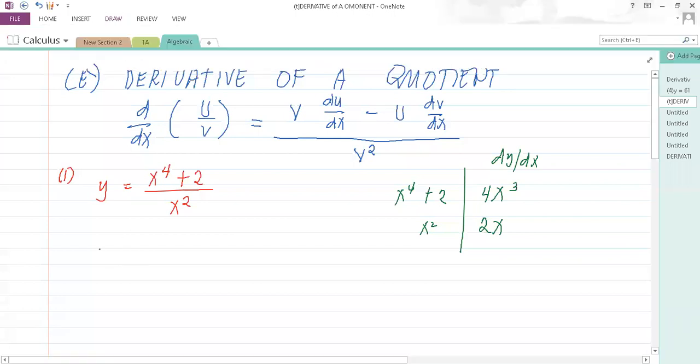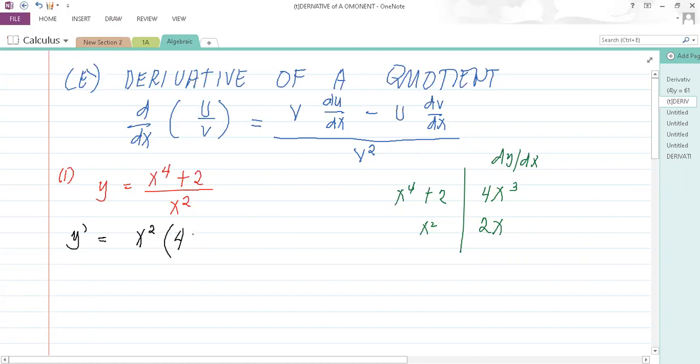Okay, so yung solution natin is the derivative, the y prime, that is equal to the denominator. So yung denominator natin, x squared. So kopyahin natin, x squared. Okay, so we have to multiply this by the derivative of the numerator. So ano yung derivative ng numerator natin? That is 4x raised to 3.